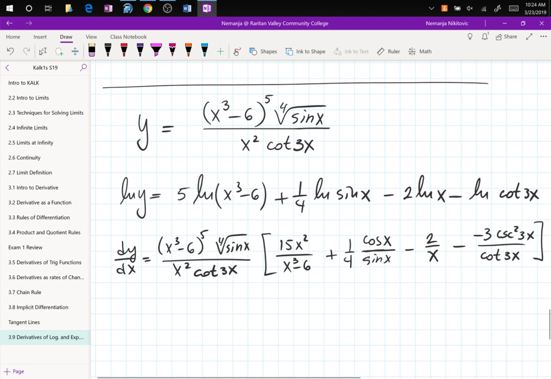This technique is insanely powerful. And as you become better at it, you will be able to actually just write out this final answer by looking at the problem without that intermediate step. So your ability to decompose these log functions might be shaky now, which is why I'm writing that middle step.